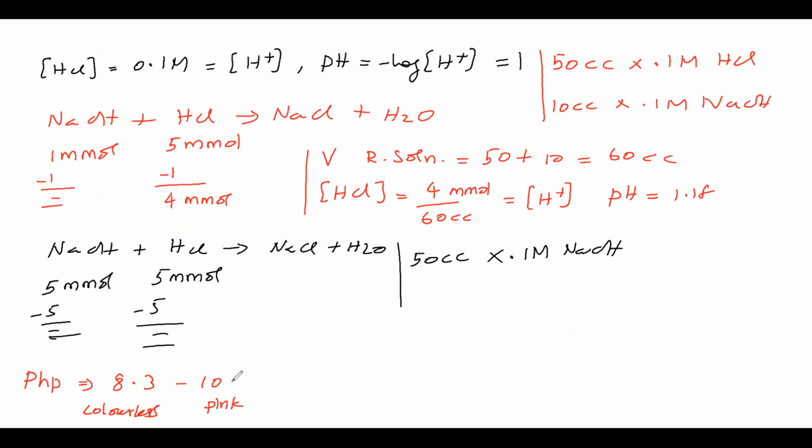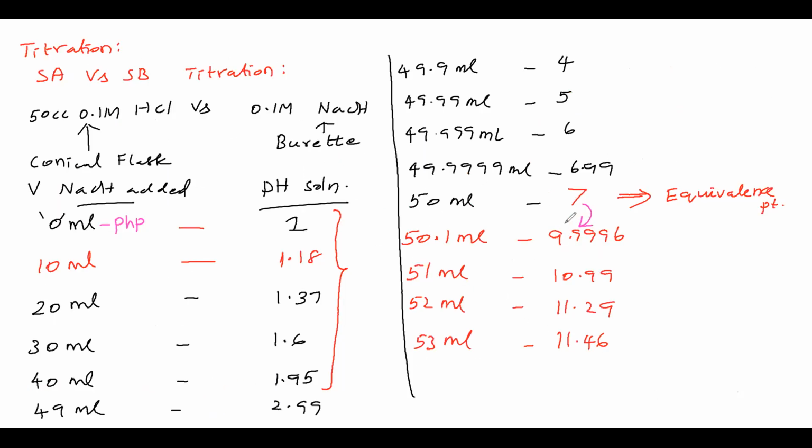Now, do you think at this place the conical flask solution will appear light pink or not? Then here, pink color will be there, no? Here pink color, here also pink color.